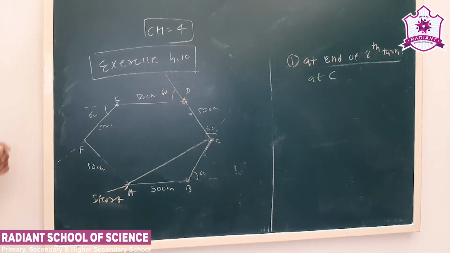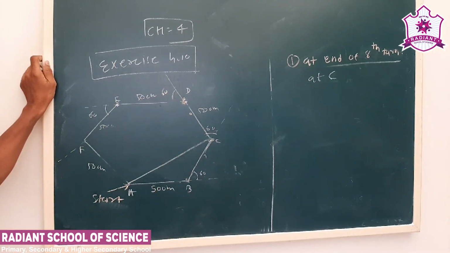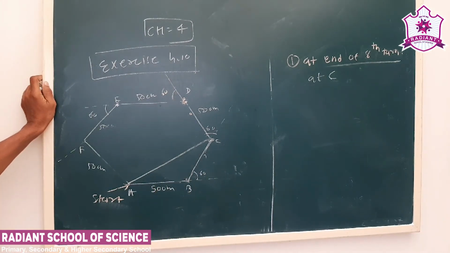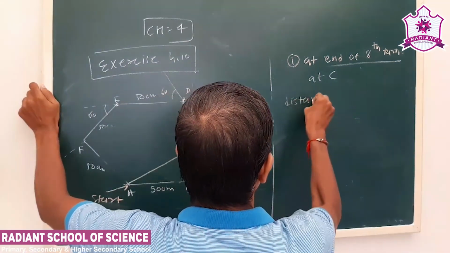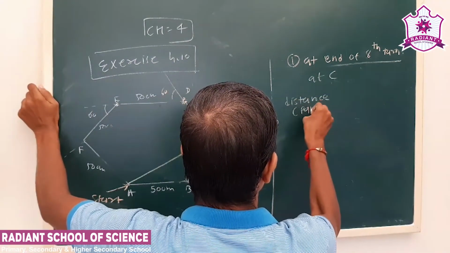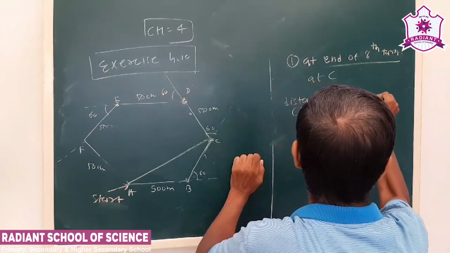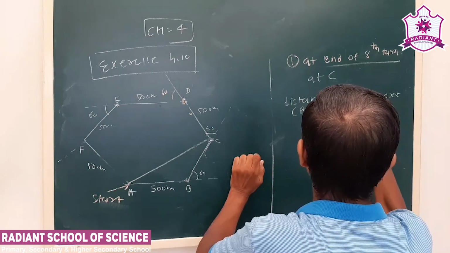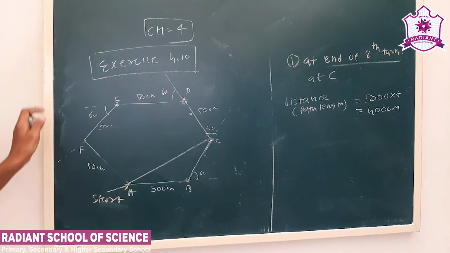The path length at C will be 8 turns, 500 into 8, which is 4000 meter. Now displacement is AC, the shortest distance.